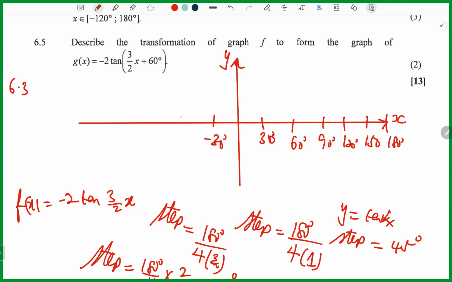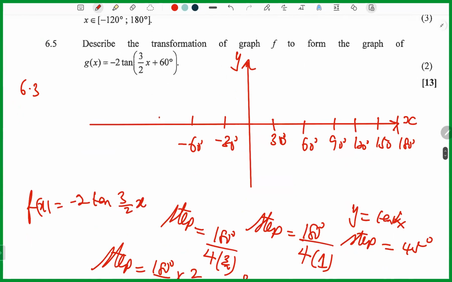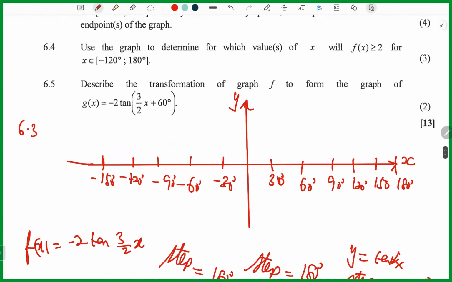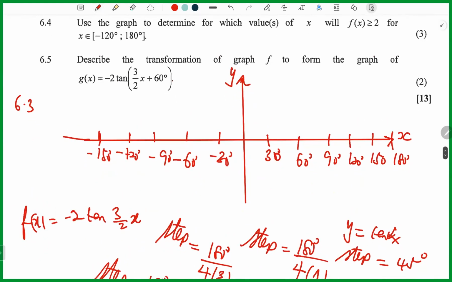Minus 30, minus 60, minus 90, minus 120, minus 150. Hey, I've gone beyond. I must stop at minus 120. So I'm going to just stop here.